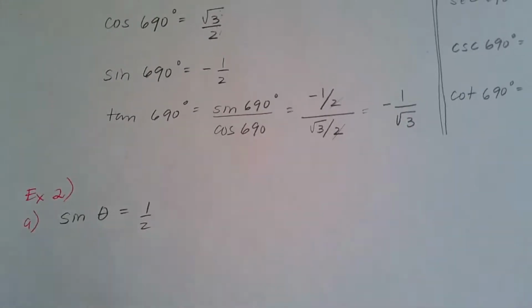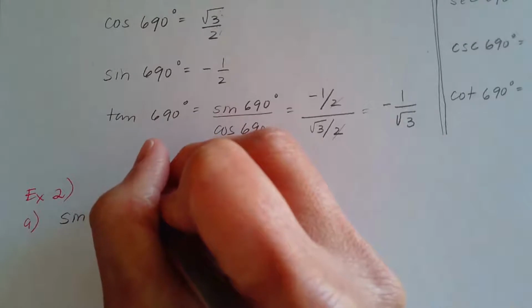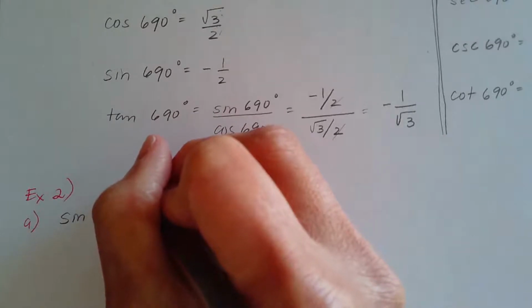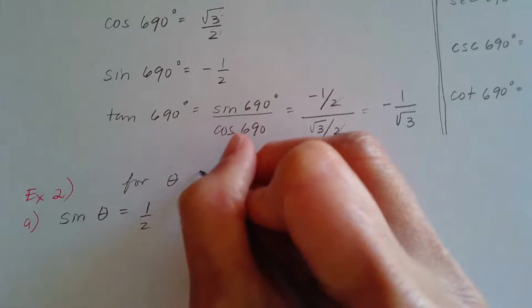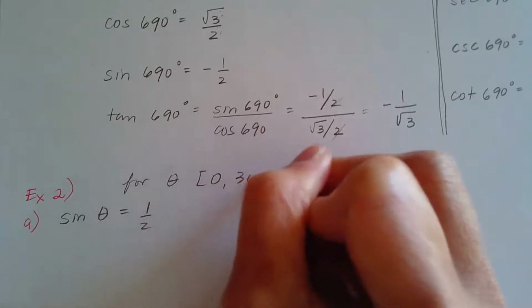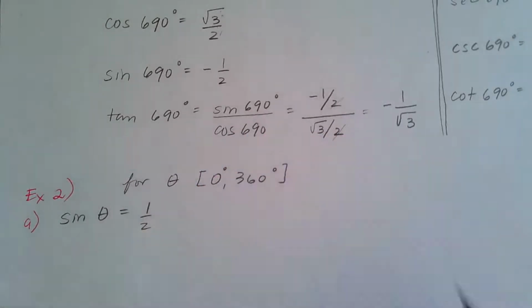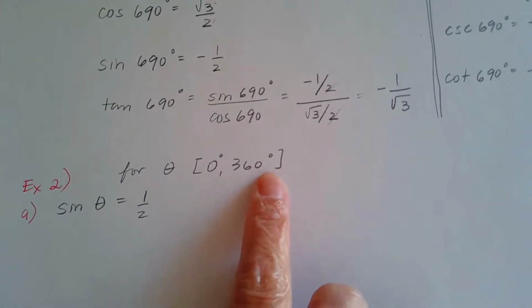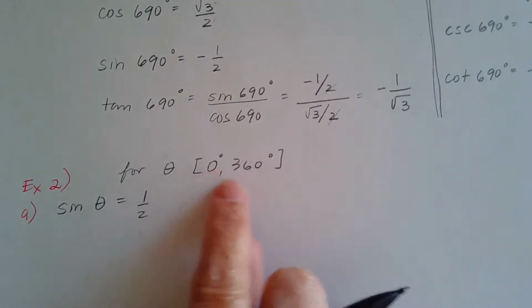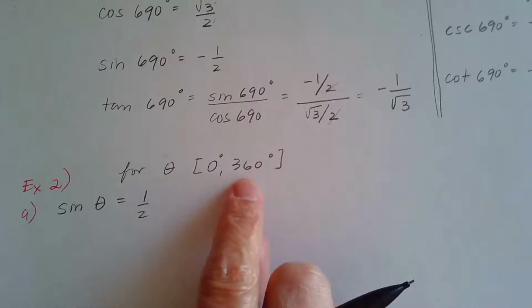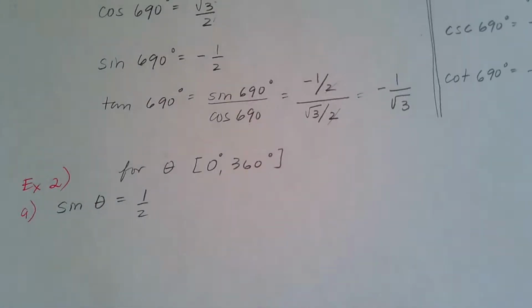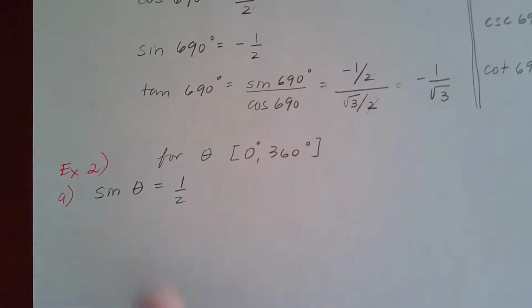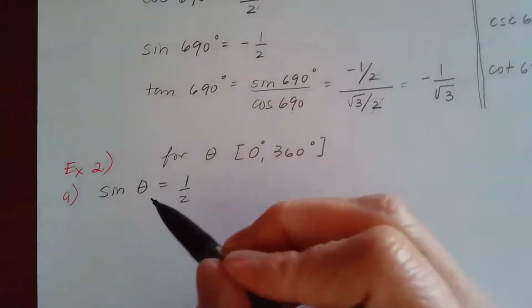Theta has to be between 0 and 360 degrees. Okay, so that's a great thing, we don't have infinite solutions in here. So in the confined angles between 0 and 360 degrees, what angle would give me a sine of 1/2?